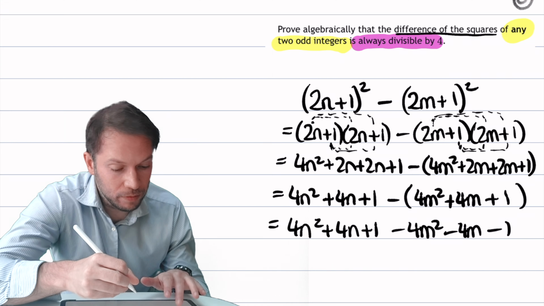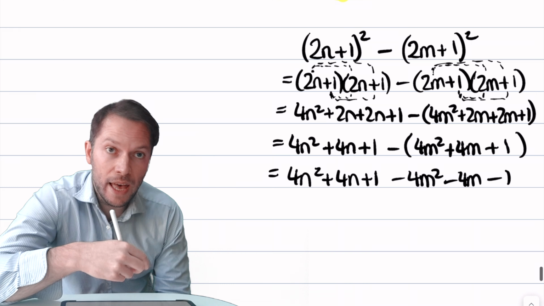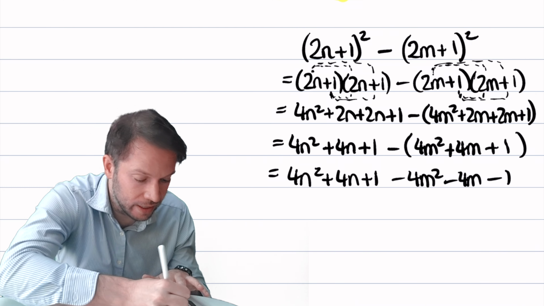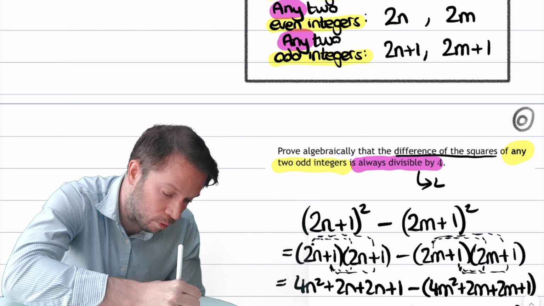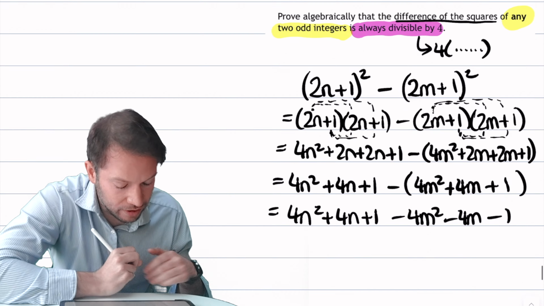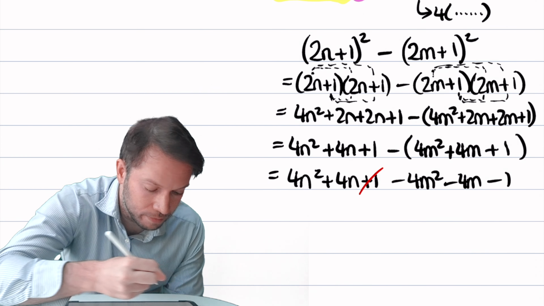Now, to show this is always divisible by 4, any number that's divisible by 4 is 4 times something. So we've got to write it in the form 4 multiplied by something. Could be a bracket. Let's simplify this a bit. We've got 1 minus 1, they cancel.